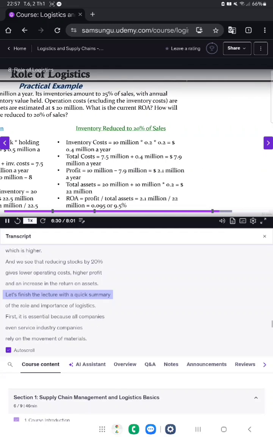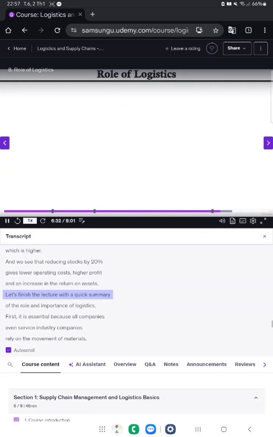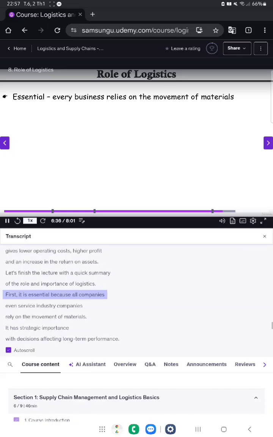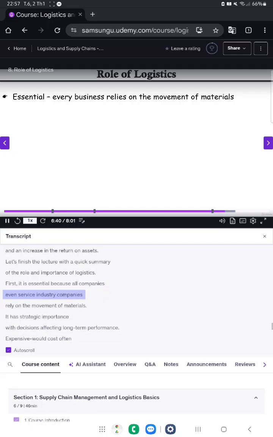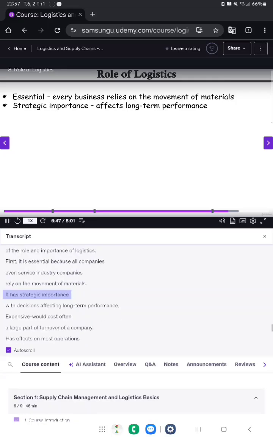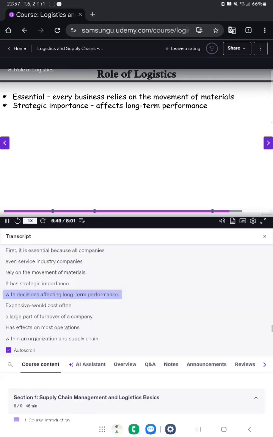Let's finish the lecture with a quick summary of the role and importance of logistics. First, it is essential because all companies, even service industry companies, rely on the movement of materials. It has strategic importance, with decisions affecting long-term performance.